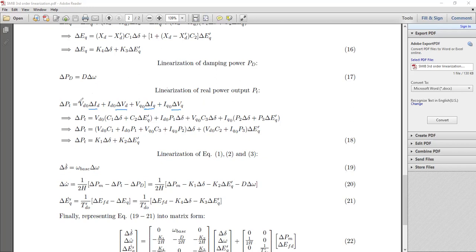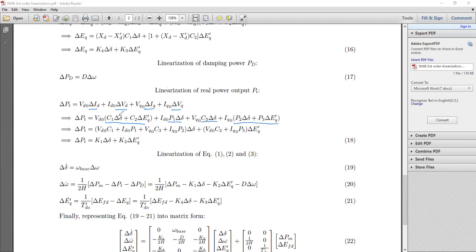That means the value of VD, ID, VQ, and IQ for a certain operating point, and that is our initial equilibrium point. So now, if we continue, you replace del ID by C1 del delta plus C2 del EQ prime, and del VD is P1 del delta, sorry, del IQ is C3 del delta, and del VQ is P2 del delta plus P3 del EQ prime.